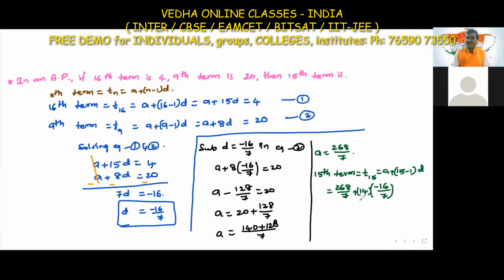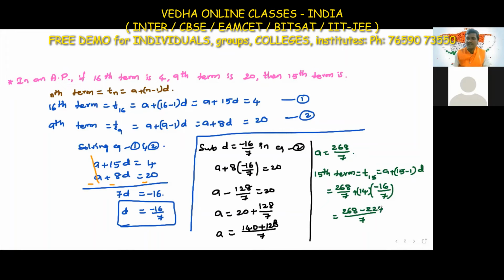Now 7 is the LCM, so write the 7 as it is. So 268 plus, minus times minus, 14 into 16. How much do we get? 14 into 16 is 224.